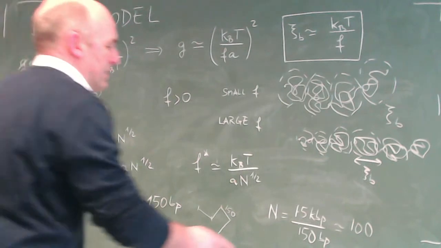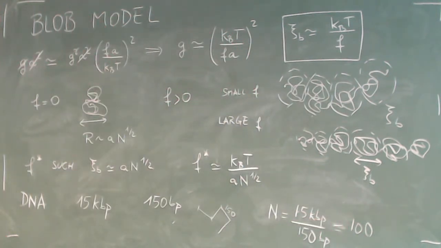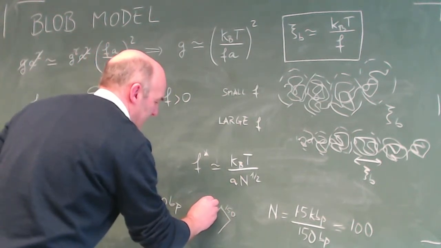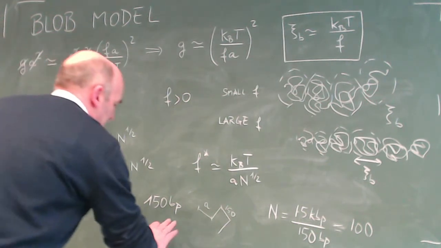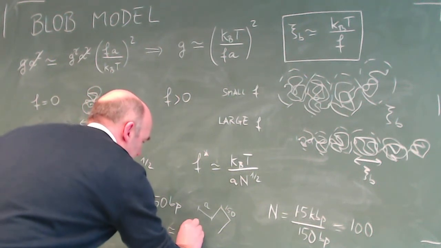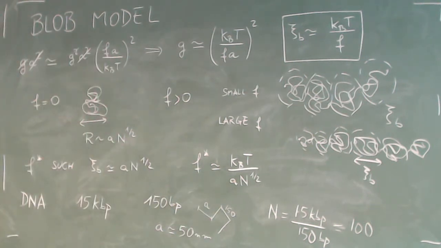So I can consider this piece of DNA as made by 100 of these segments, each of length A. A is the persistence length, 150 bases, in length about 50 nanometers.